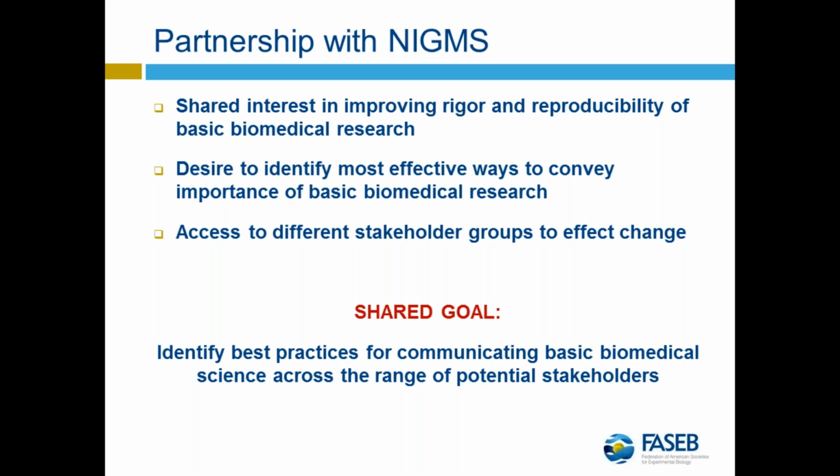And one of the things that came out of the shared interest in improving rigor and reproducibility was to come up with more effective ways to convey the importance of basic biomedical research, but without the need to hype it. And I think all of you can think of a headline or several headlines.